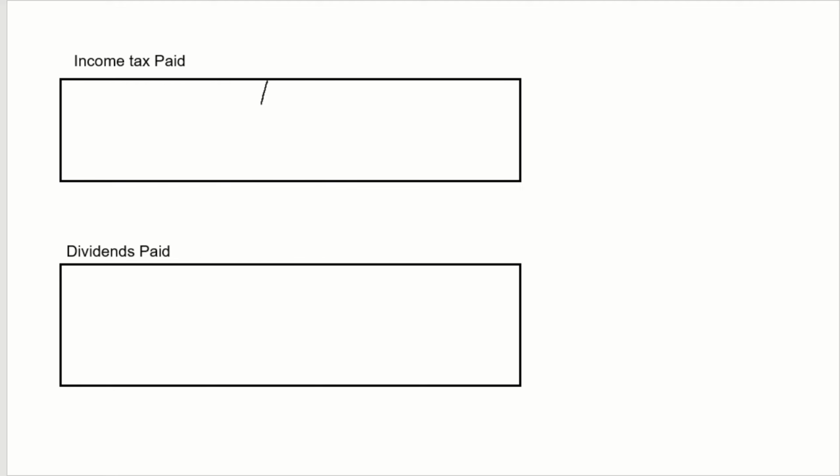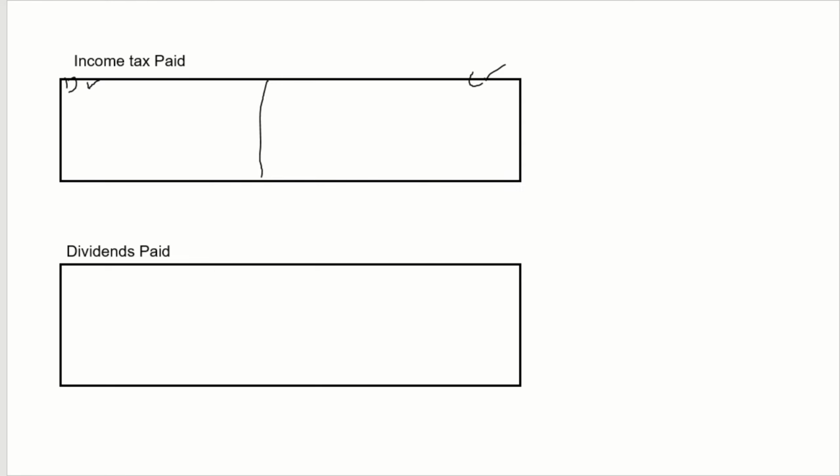Right in the middle of this box, you put a line like this that will represent the two sides of your T account. This will be the credit side, and this will be your debit side. Like that. I hope these are visible.